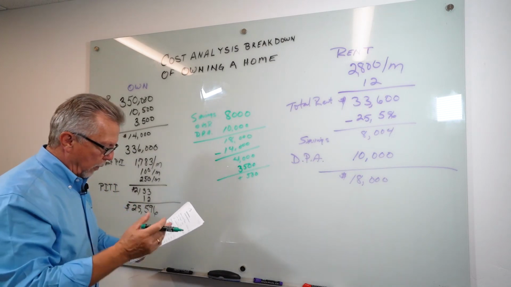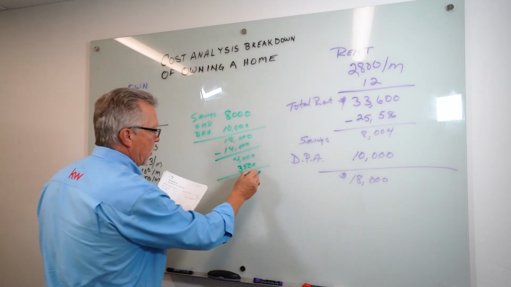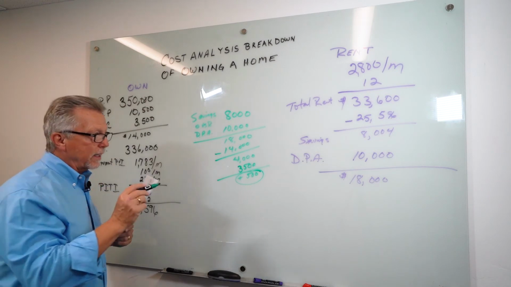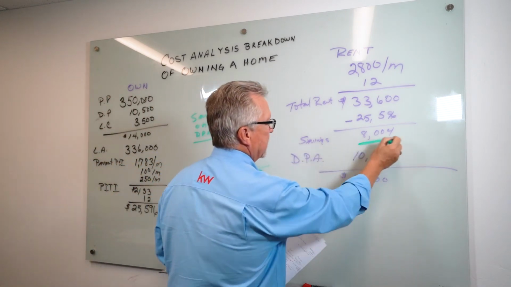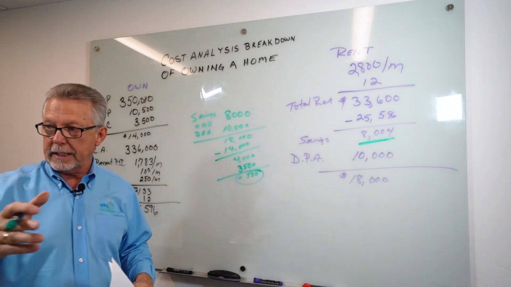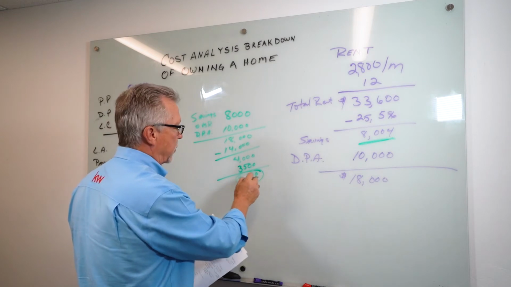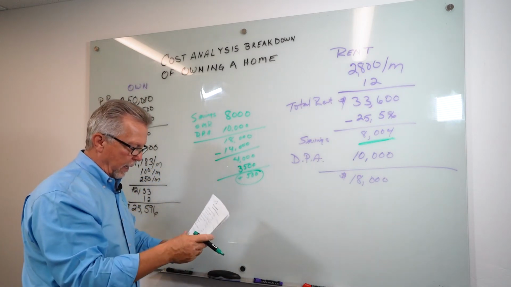So let's take a second and think that through. That is money in your pocket at the end. Now, it takes a year to realize that because this amount of savings happens over a year. So after the year is over, you'll be about $500 in your pocket on the plus side.